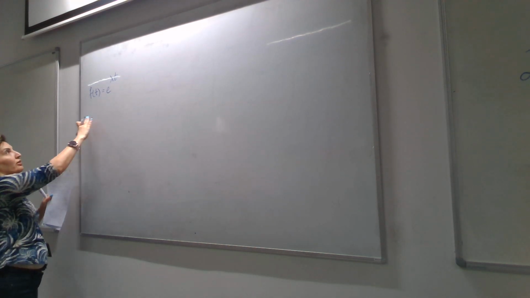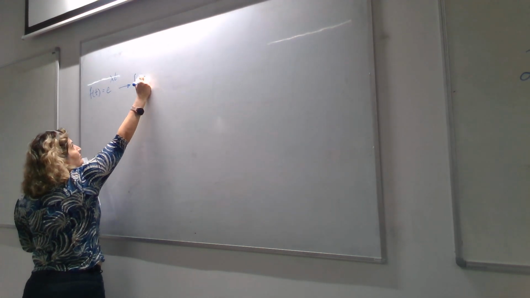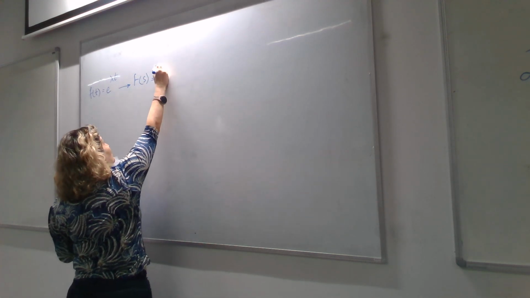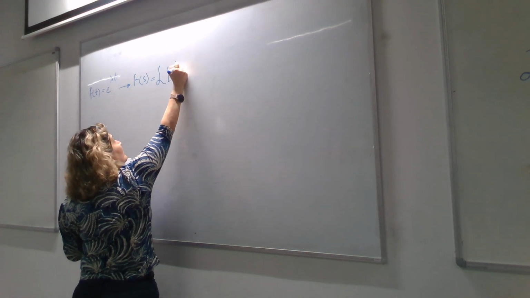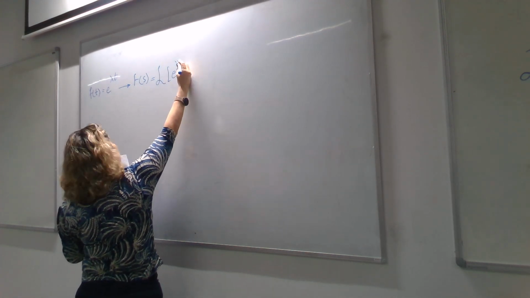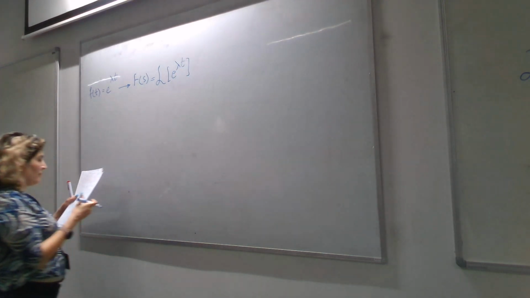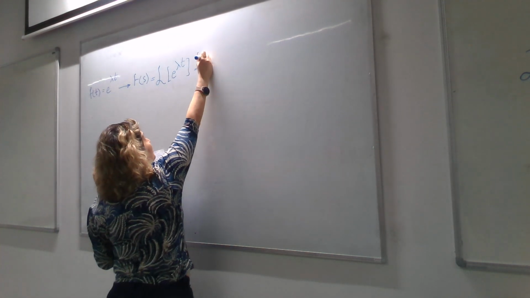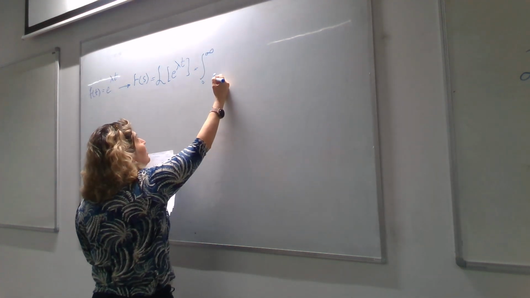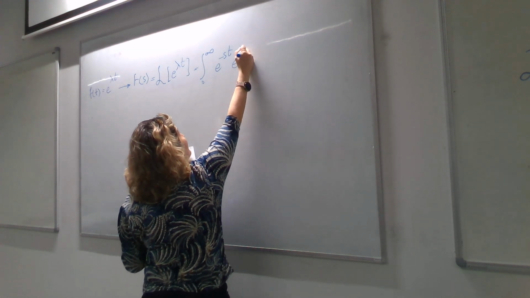Now, if we plug that into the equation that we have there, we want to calculate F(s), which is going to be the Laplace of e to the lambda t. And that means it is going to be the integration from 0 to infinity of e to the minus st and e to the lambda t dt.